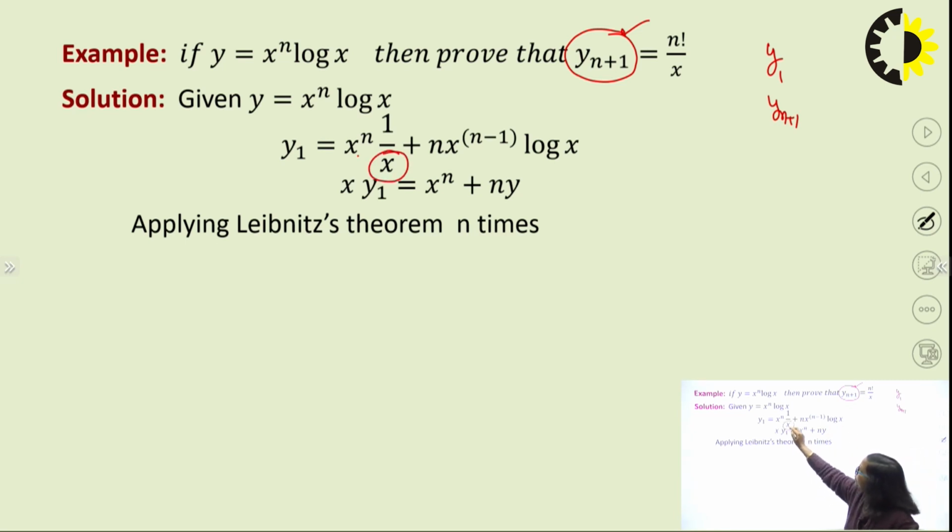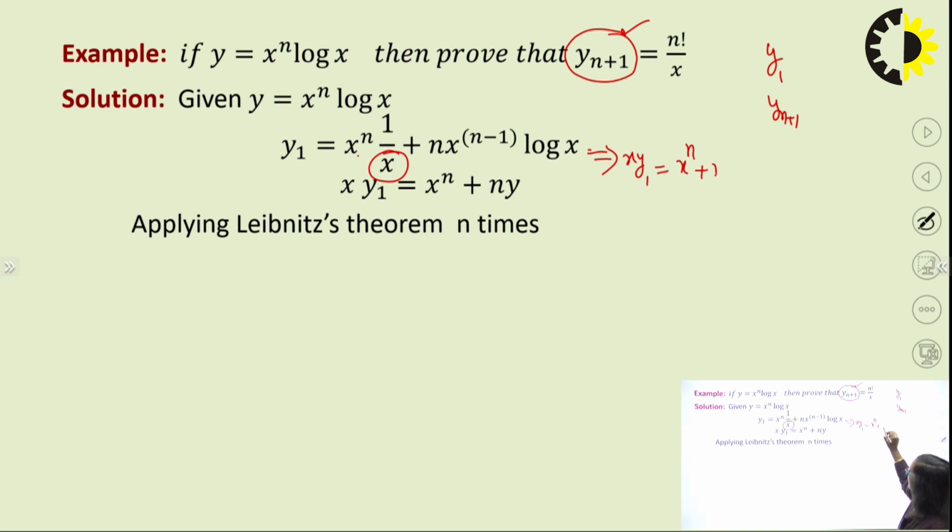We take the LCM for this x over here. Taking the LCM, we get x into y1 equal to x to the power n plus n into x to the power n log x.